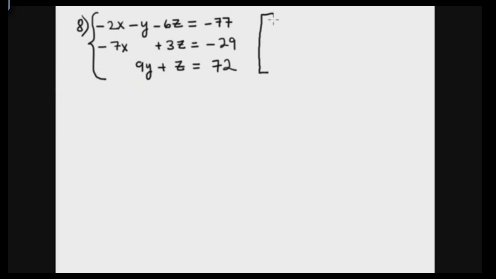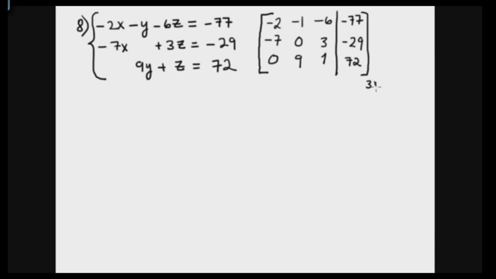First of all, the matrix. -2, -7, 0, -1, 0, 9, -6, 3, 1. In the right hand side numbers, -77, 77, -29, and positive 72. This is my augmented matrix.